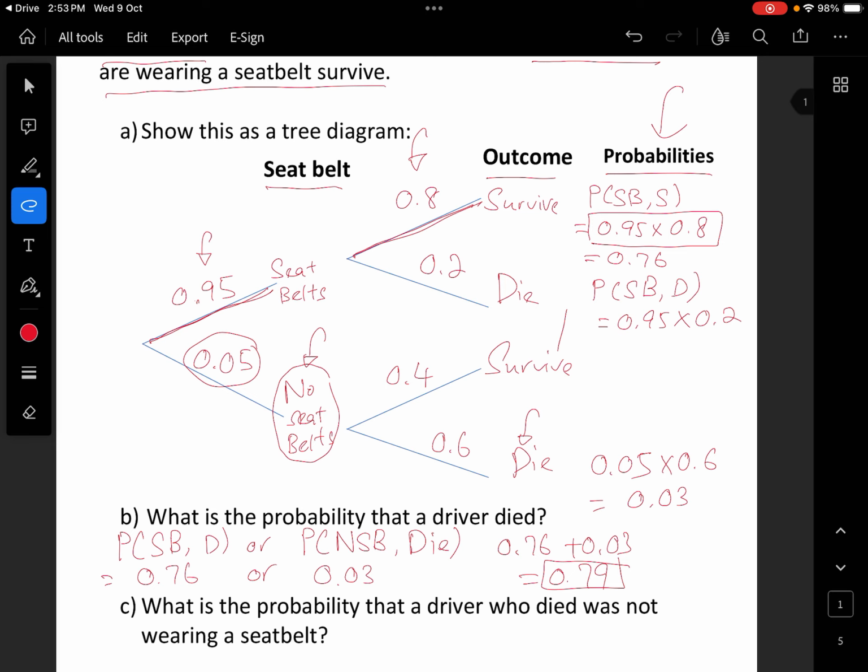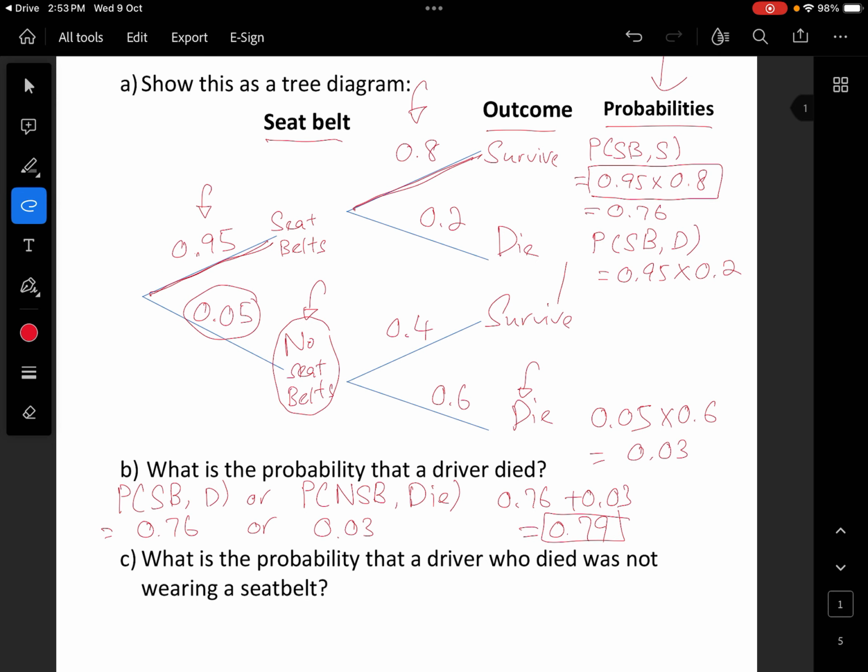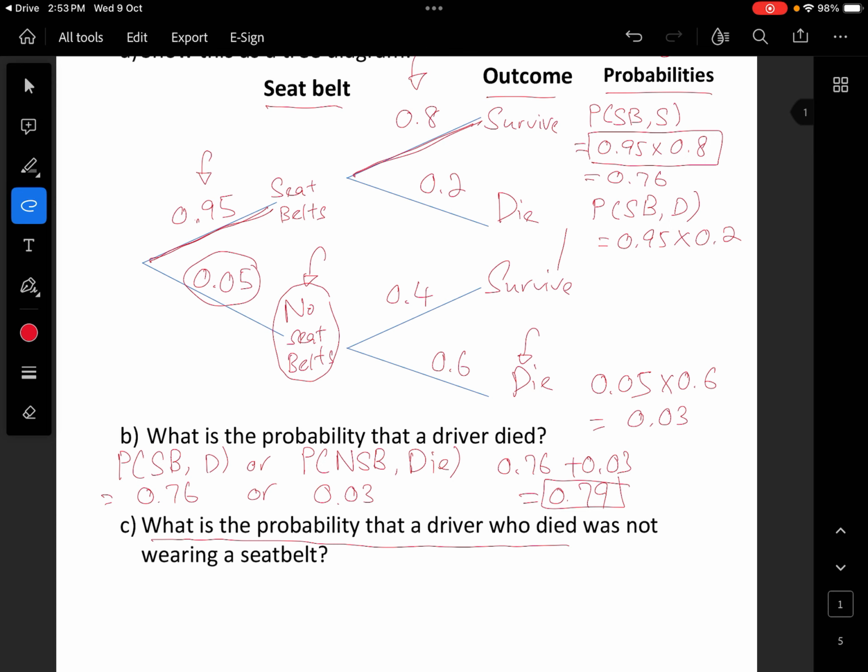Now, what I really want to draw your attention to is part C, and I want you to look very closely at how the question is being phrased. It says, what is the probability that a driver who died was not wearing a seatbelt? If you read this question again, it says, a driver who died.